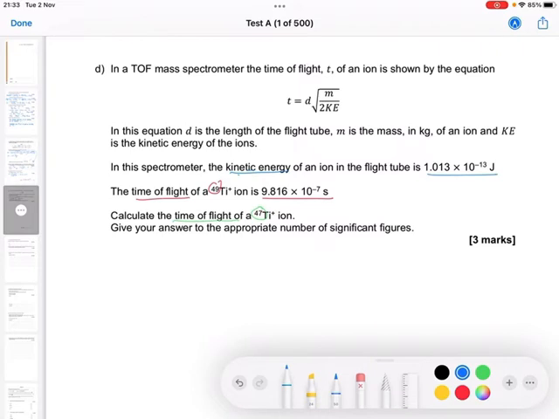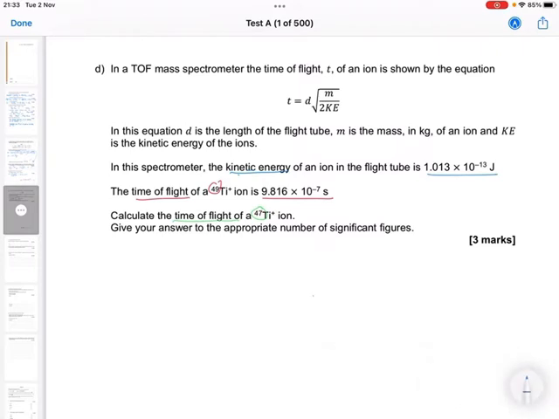Because I'm comparing two ions in a mass spectrometer, they both have the same kinetic energy, which means the formula I can use is m1 over t1 squared equals m2 over t2 squared. And with the masses, I don't need to divide by 1,000 or divide by Avogadro's number, because if I do it on the left, I have to do it on the right, which means it all just cancels out.